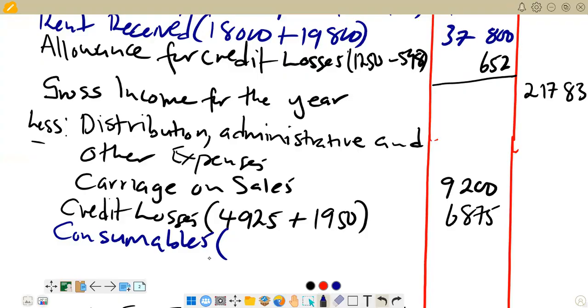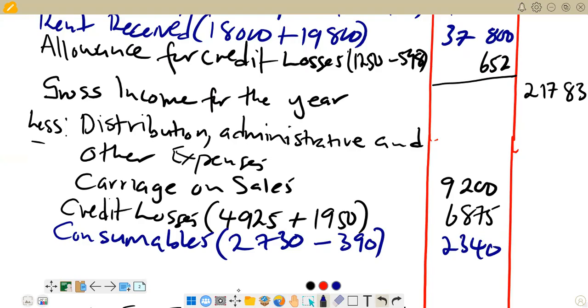So on consumables, we are saying 2,730 is the one that we bought, and then we are left with 390. So the difference represents the expense. If you calculate that, you're supposed to get 2,340.